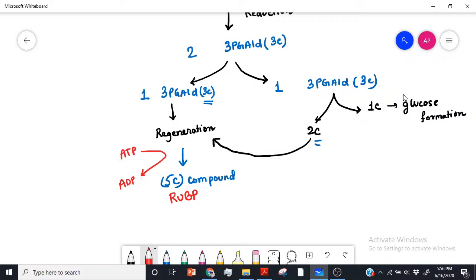RuBP, very good. So basically they regenerated the RuBP so that one molecule of RuBP is again ready to take in CO2.